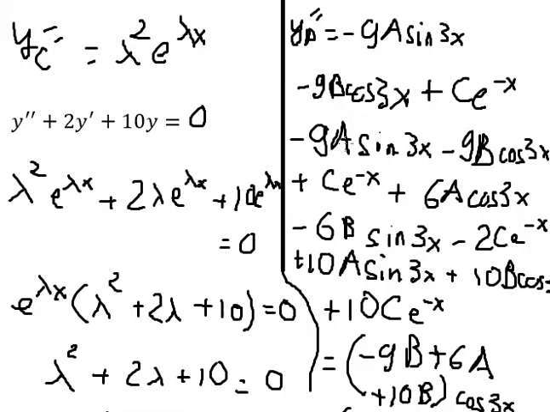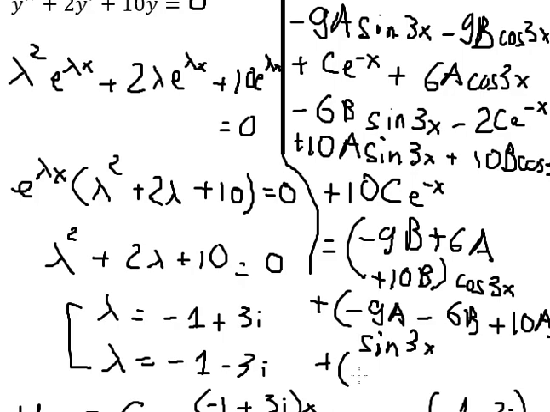And the last one, we have c minus 2 plus 10. So we have c minus 2c plus 10c e to the power of negative x.